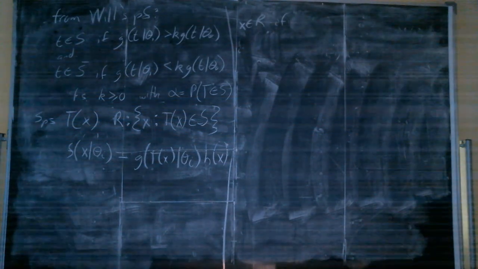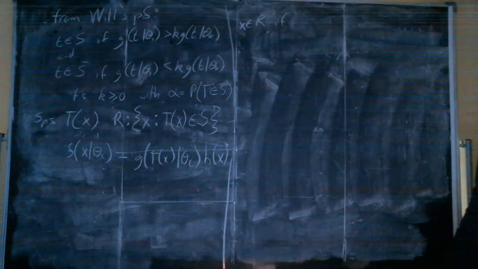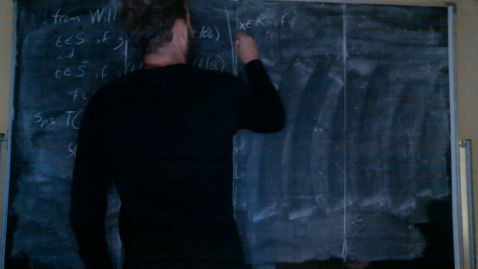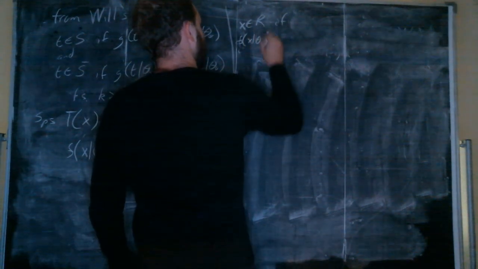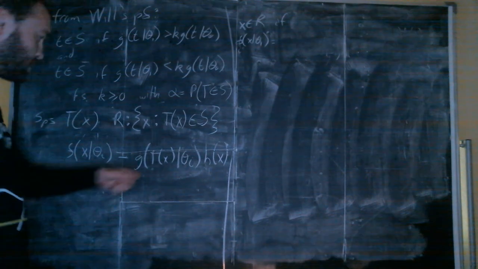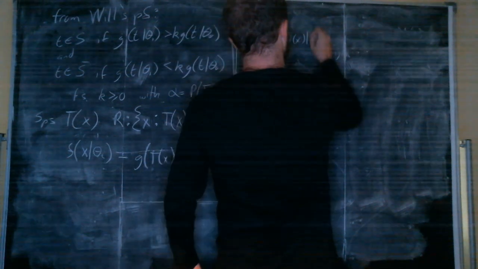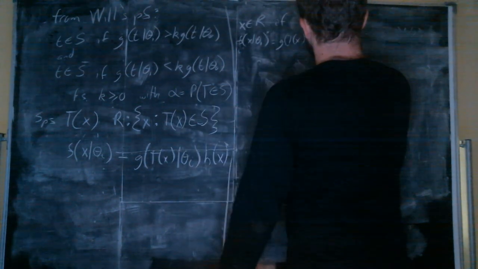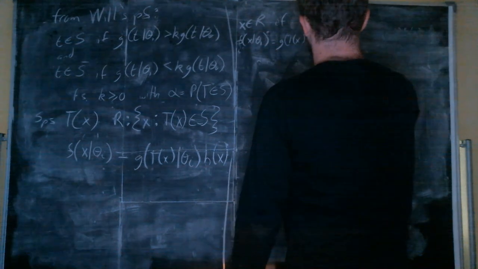So x will fall into our rejection region R if f of x given theta 1, but remember that we can factorize it in this particular way. So this will be equal to g of T of x given theta 1 times some non-zero function h of x.